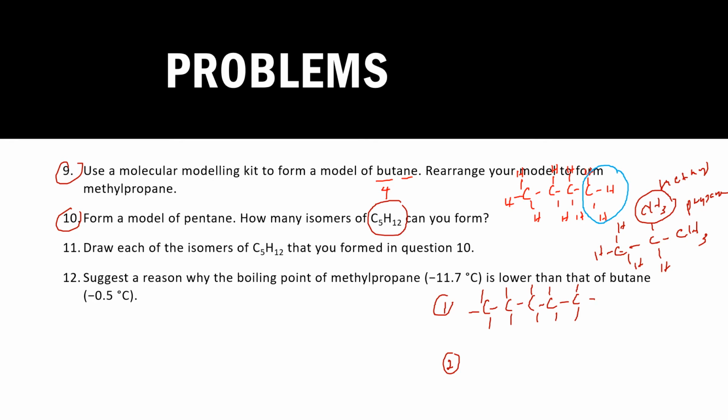Second isomer, what we can do? We can put this CH3 to here. So I write CH3, CH2, C, CH3, CH3, H, H. This is the second one.